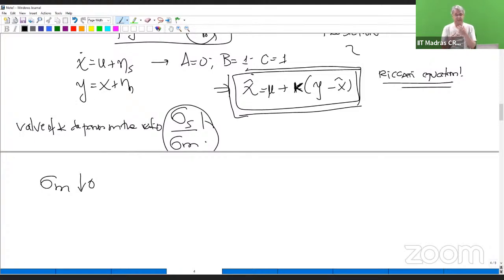And it turns out from the equations and the Riccati equation and all that stuff, that when sigma m is very small, or when this ratio is very large, this value of K increases.